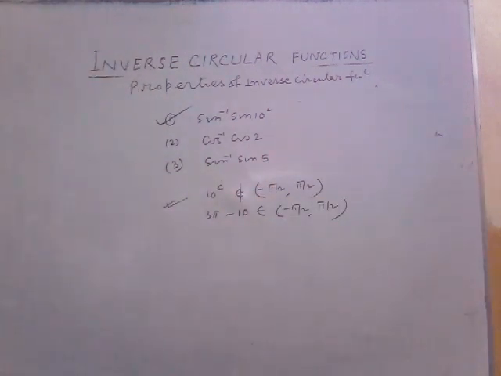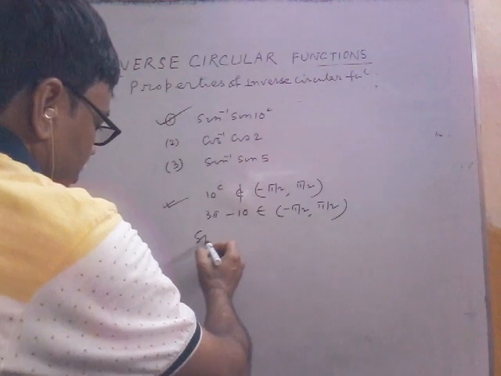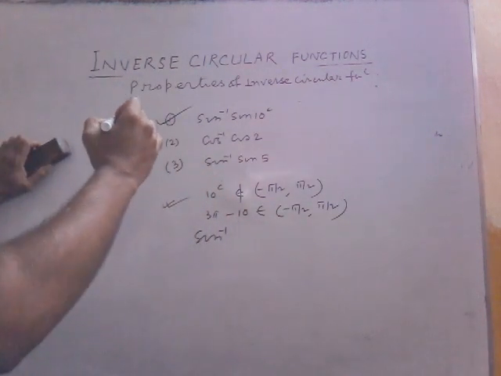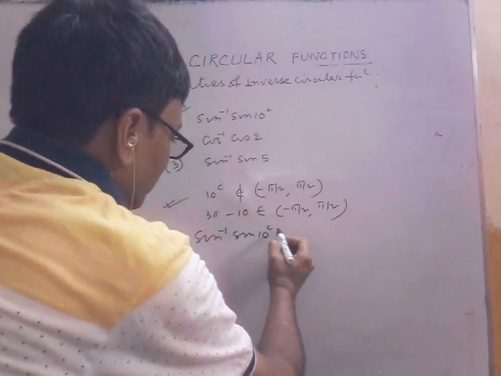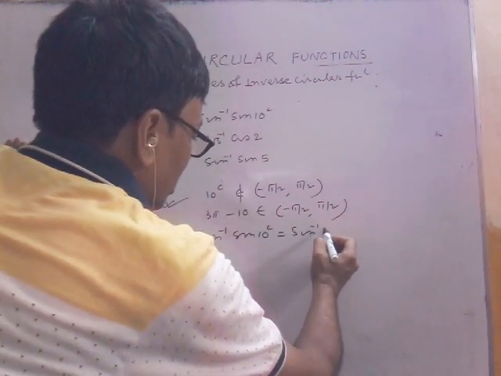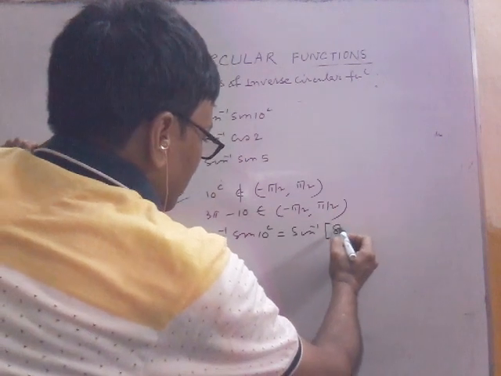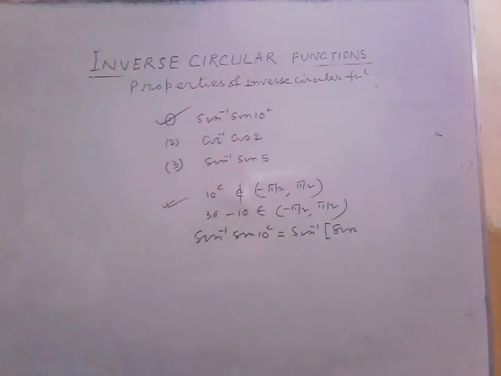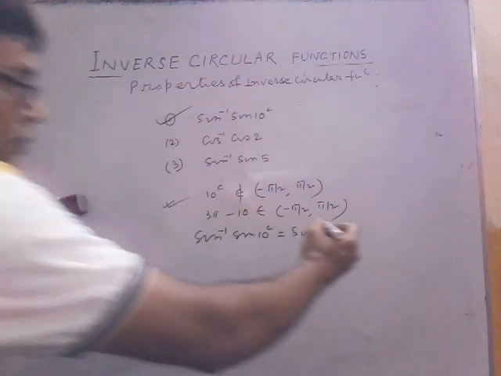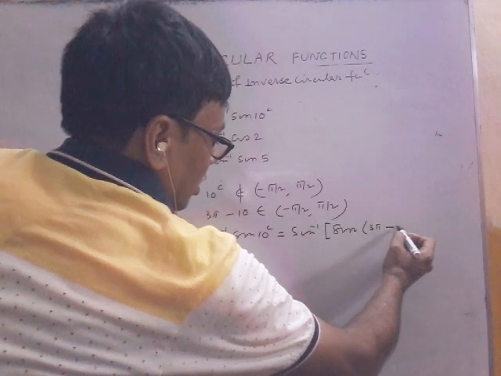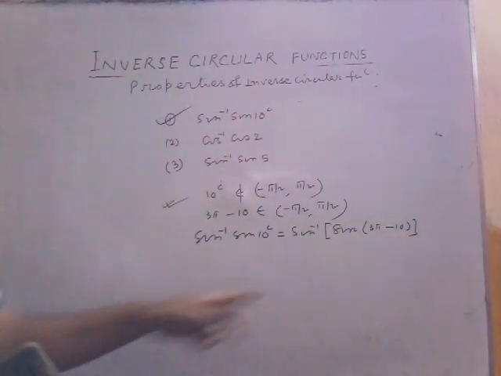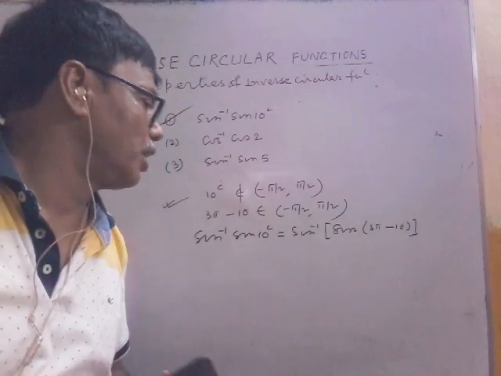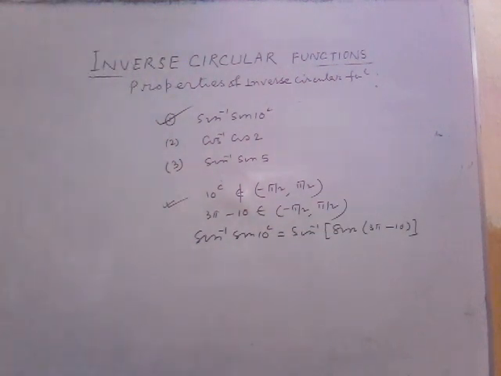So now look, sin inverse sin 10 equals sin inverse sin of 3 pi minus 10. You know 6 into pi by 2 minus 10. In the second quadrant it is positive.